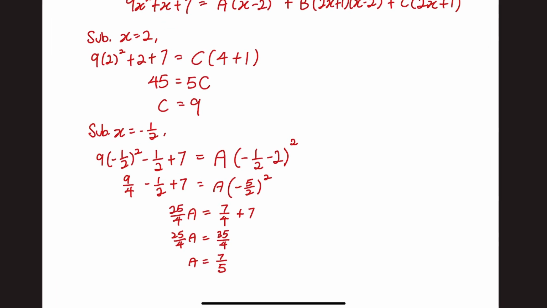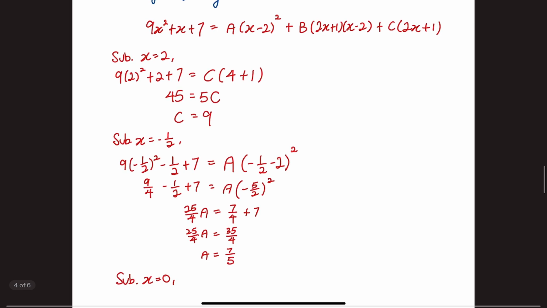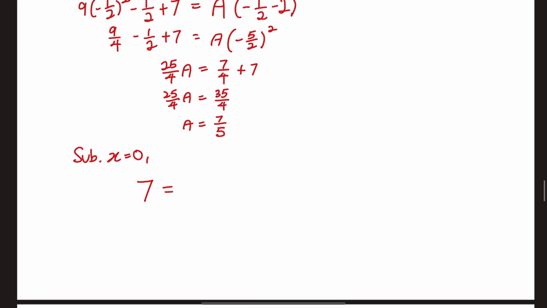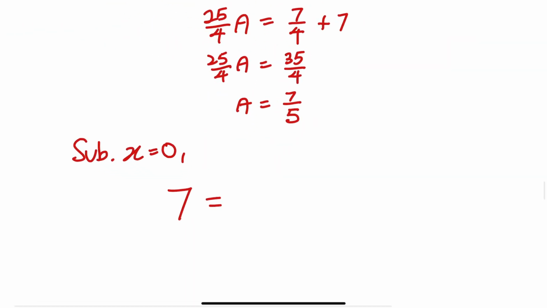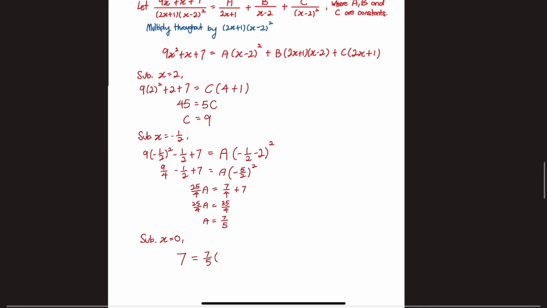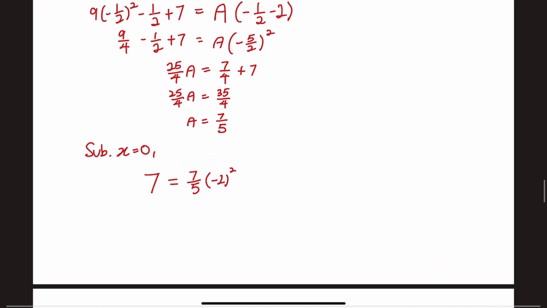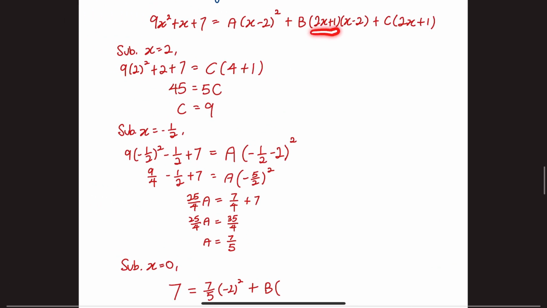So over here, I will sub x equals 0. Then my left side will just be, I'll sub 0, I'm just left with 7. So 7 will be equal to a, and since I know that a is 7 over 5, I can now sub in 7 over 5 times 0 minus 2 squared, which is minus 2 squared, plus b is the unknown here, times 2x plus 1, which is simply times 1, then 0 minus 2 is minus 2.